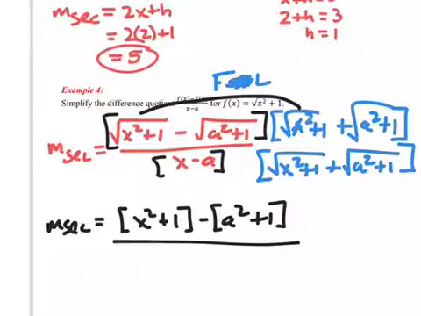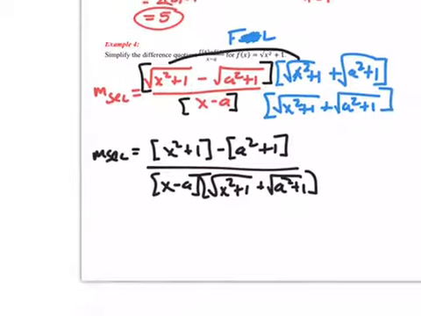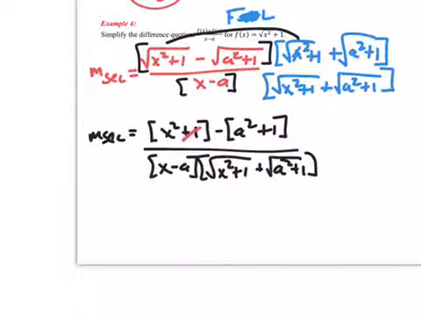Denominator, no change. Okay, and square root of x squared plus 1 plus square root of a squared plus 1. And what we'll see here is that the 1's cancel. And what actually happens is this numerator, which is now x squared minus a squared, turns into x minus a and x plus a.